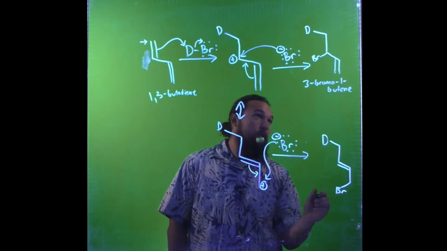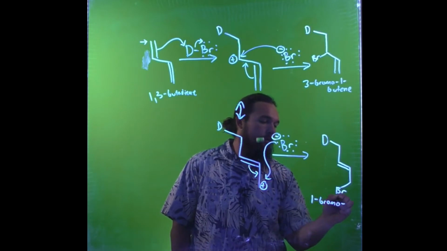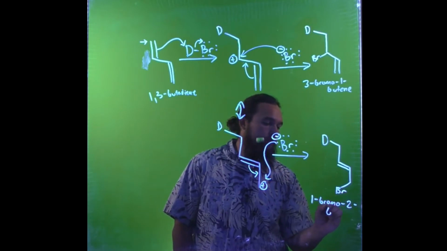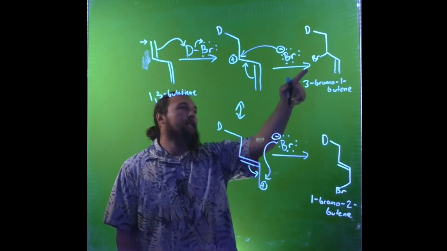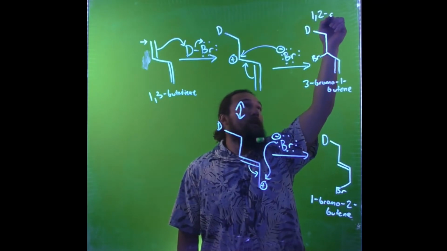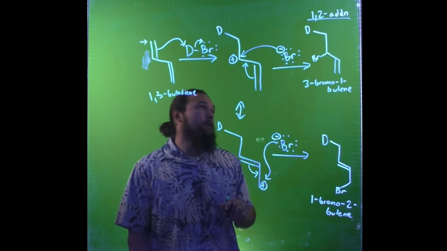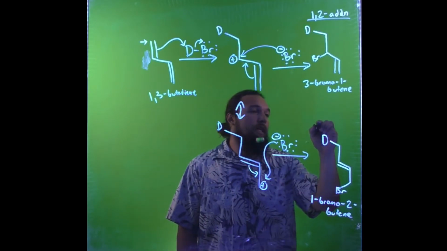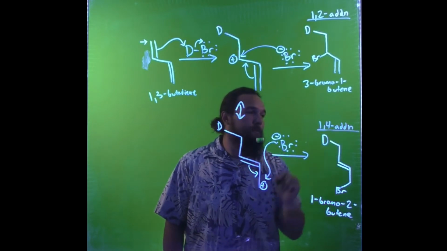This product here is called 1-bromo-2-butene. Now, in this addition reaction, this product is called the 1,2 addition product, and I'll be referring to it as the 1,2 addition product throughout the talk. This one is called the 1,4 addition product.